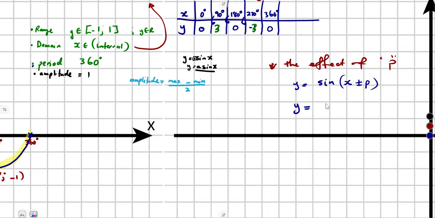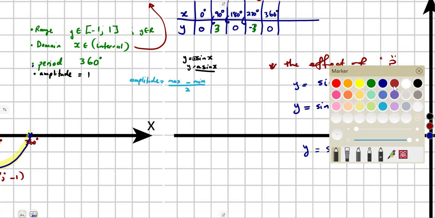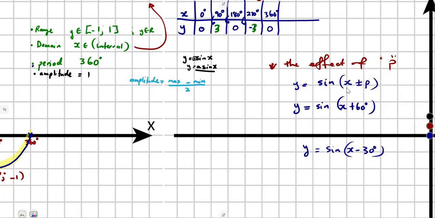Let us just have something like the sine of x plus 60, the sine of x minus 30 degrees. It was sine x before, now it's x plus 30.